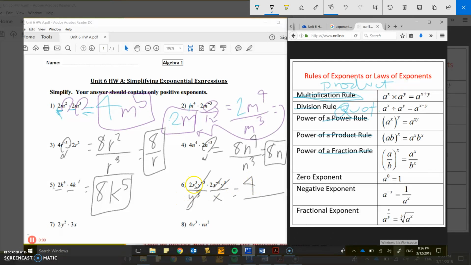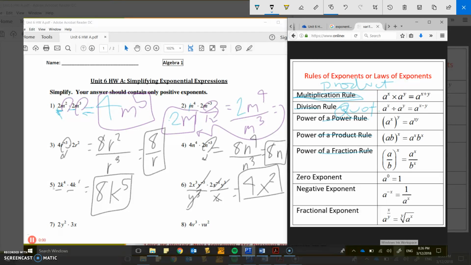And then you have 3 x's on top, 1 x on the bottom. You're only going to get to cross 1 out, and when you're left, you're going to have 2 x's left on the top of the fraction.